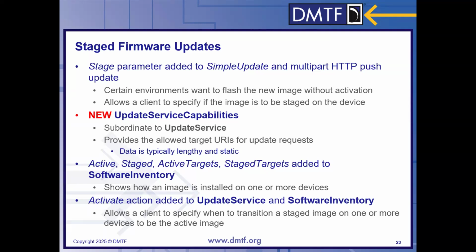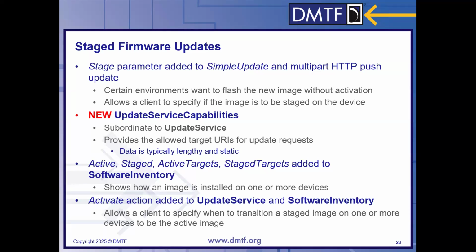And then there are lists of all of the pieces of software that are active, that's active targets, as well as all of the pieces of software that are ready to be activated, and that's the staged targets. And so this lets a client view the status of how images are installed on the devices.